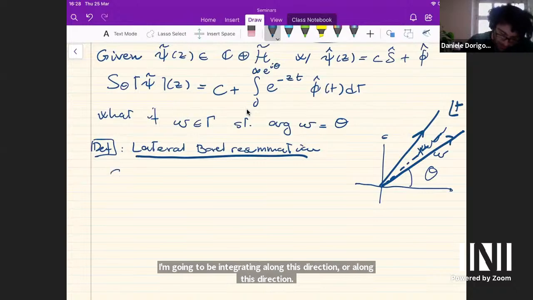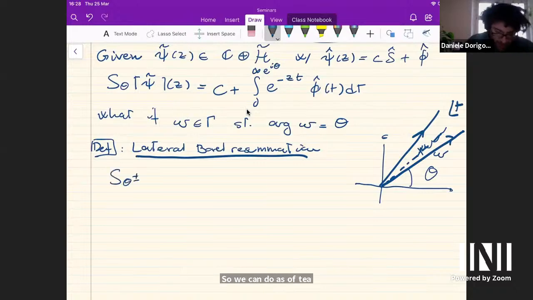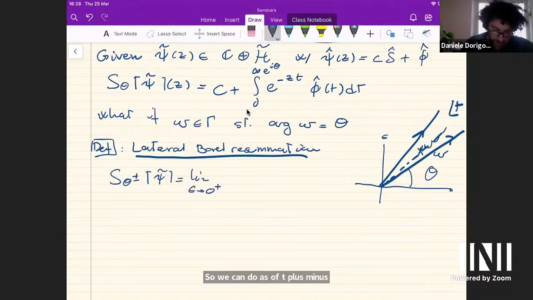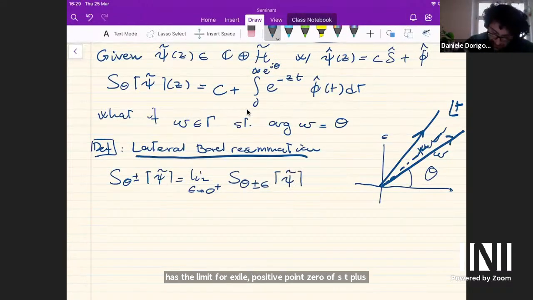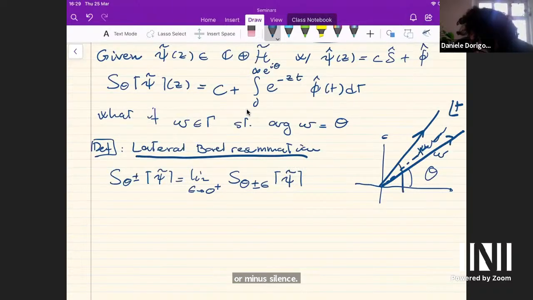So we can define s of theta plus or minus as the limit for epsilon positive going to 0 of s of theta plus or minus epsilon. So in here, I'm doing theta plus epsilon.